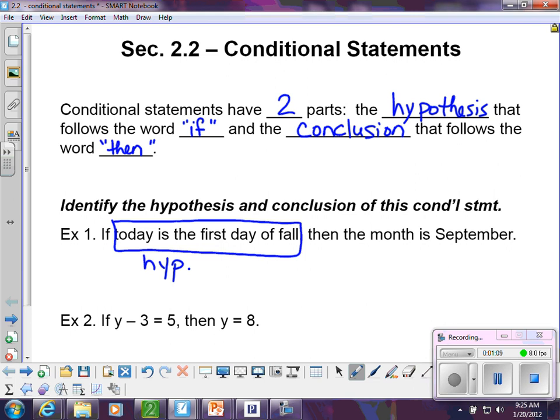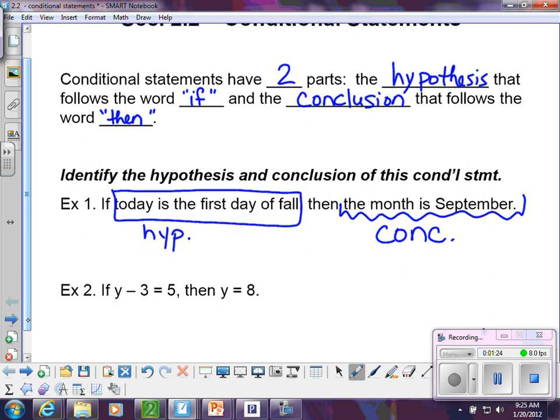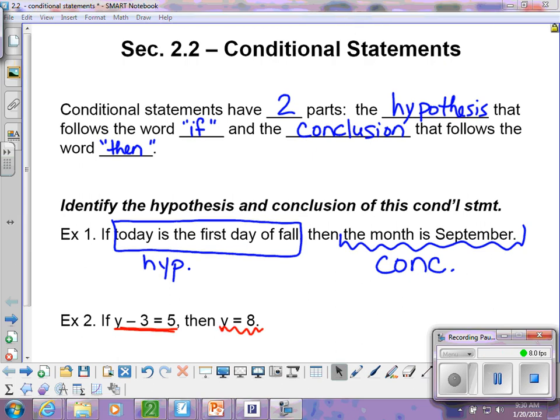The conclusion follows the word then. Does it include the word then? No. So from here over is your conclusion. So why don't y'all try it on the next one? Did everybody put that? Yeah, thank you.